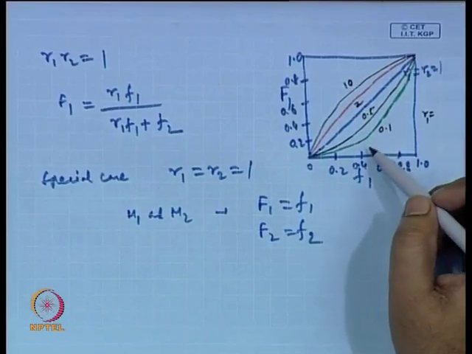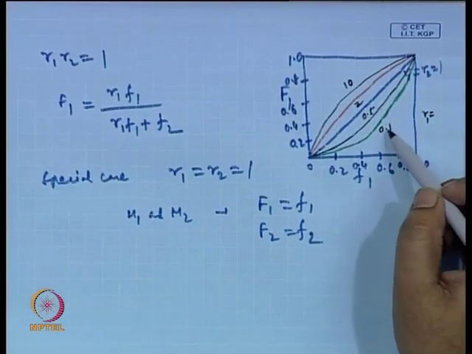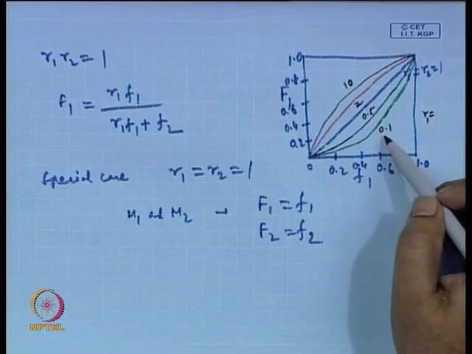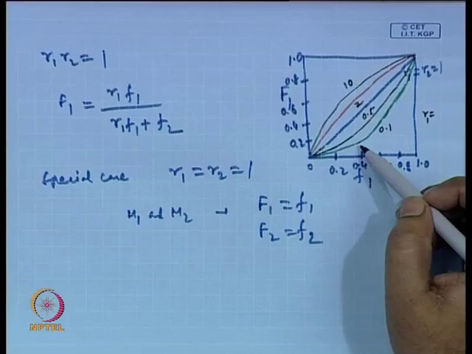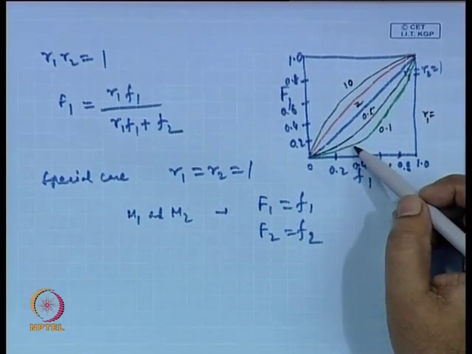So, in this case, because the reactivity of monomer M1 is lower, it gets incorporated at a much lower rate than the monomer M2.